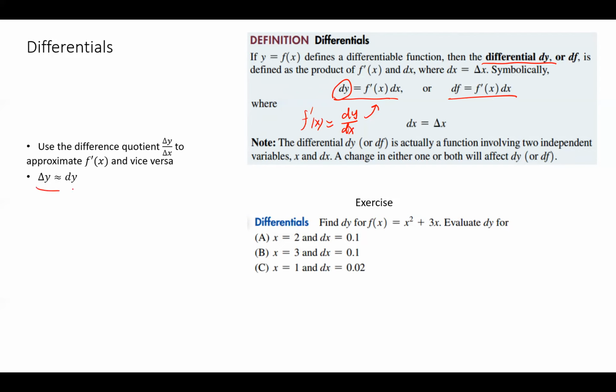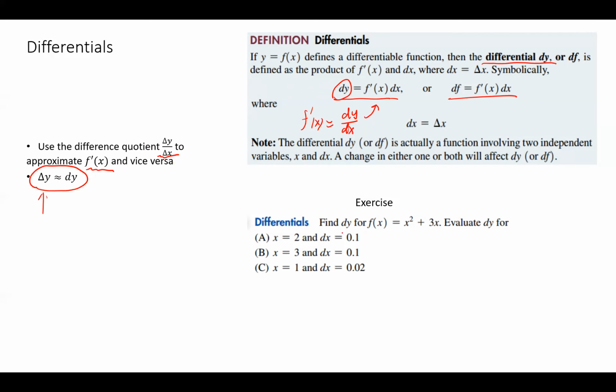So the approximation, essentially, is approximating delta y, the change in y, using the differential in y. This is using the difference quotient, so both terms can be approximated using each other.